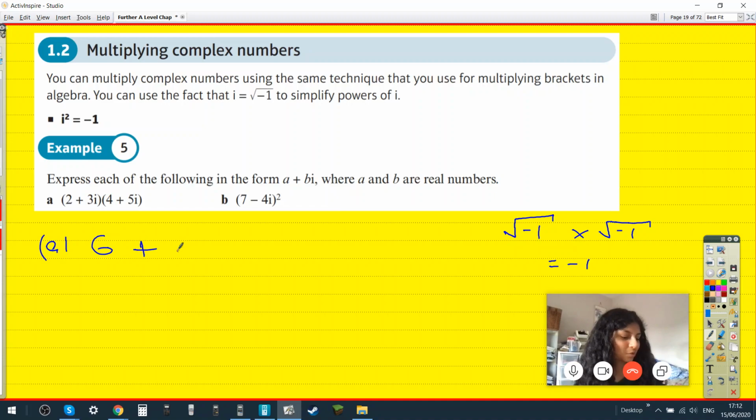For the first one, I got 22i minus 7. Okay, I think it's right.